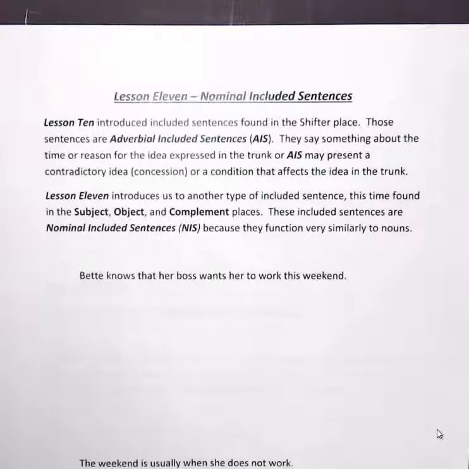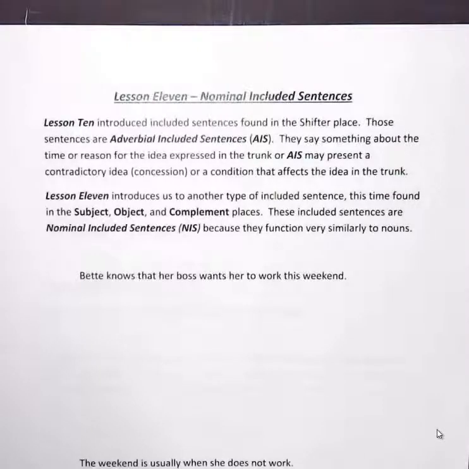Lesson 11 introduces us to another type of included sentence, this time found in the subject, object, and complement places. These included sentences are called nominal included sentences because they function very similarly to nouns. As we go through this introduction, I think you'll start to get the idea that it's very interesting.